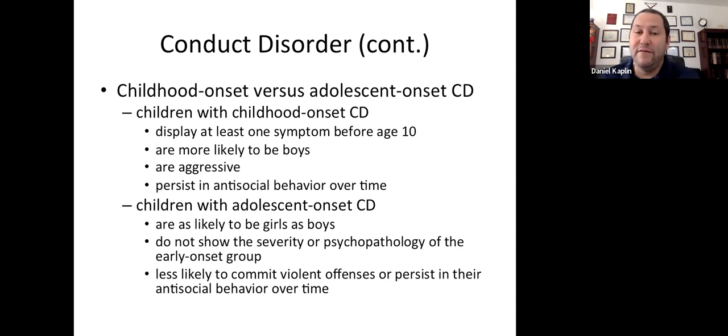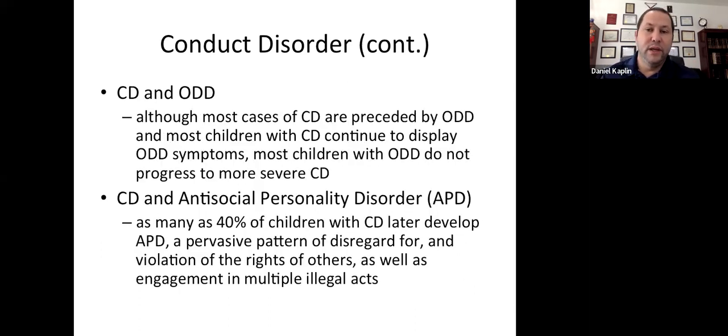Does that mean that every case of conduct disorder started with oppositional defiant disorder, or every case of antisocial personality disorder started with a diagnosis of ODD or conduct disorder? The answer is no, it's not every case, but that is a common developmental pathway. So, as I said, we see most cases of conduct disorder are preceded by oppositional defiant disorder, but not always, right?